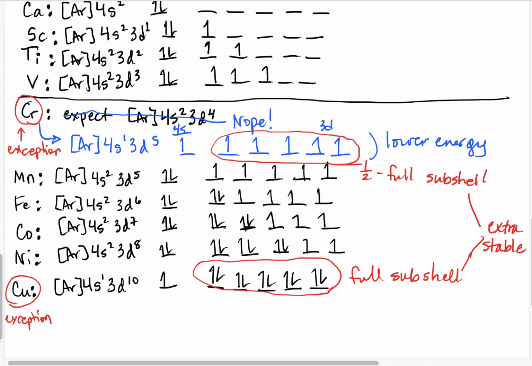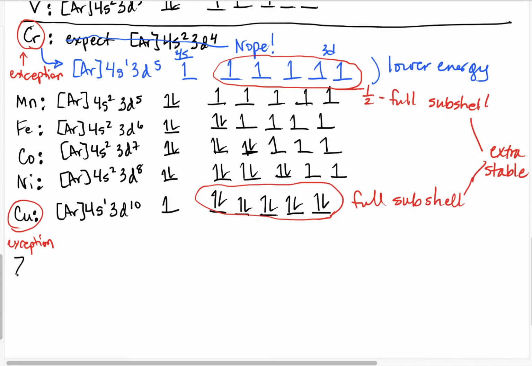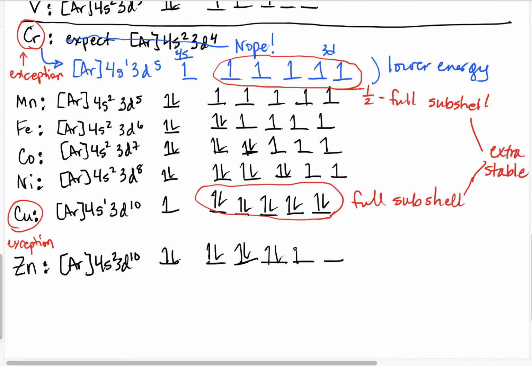So chromium and copper are the two exceptions in the first row transition metals. Zinc is full, full, full, so it has no options here. 4s2, 3d10, everybody is full. So all of the subshells are full for zinc.